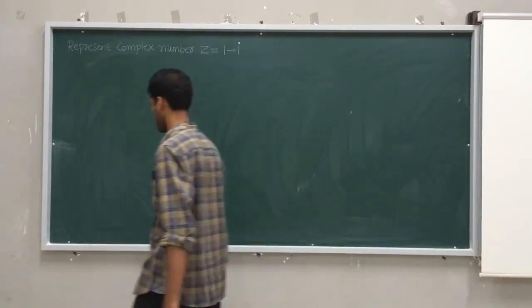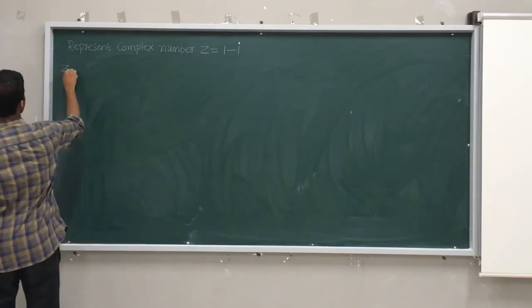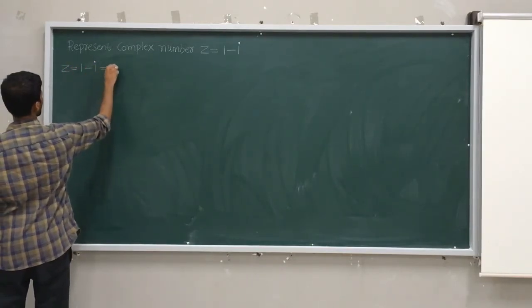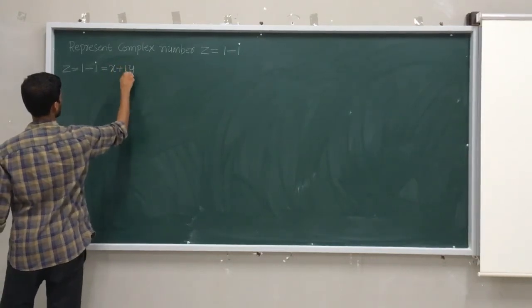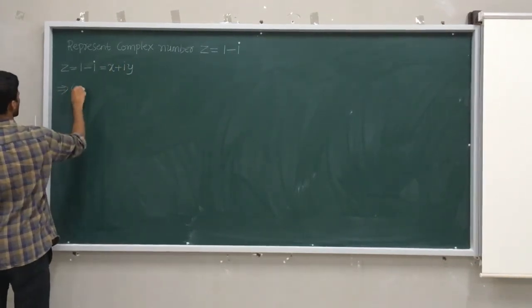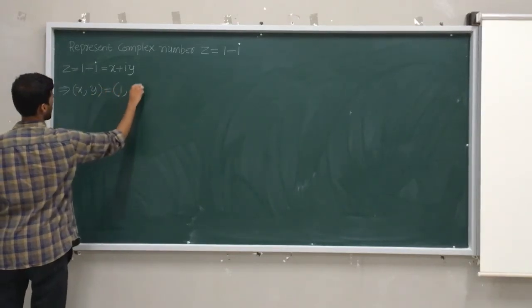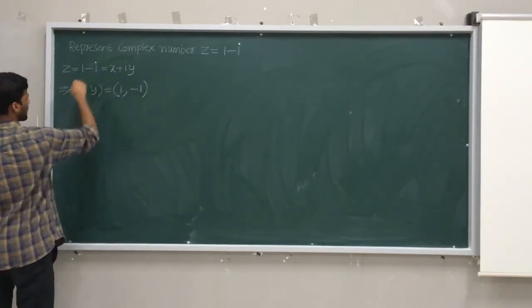So what are we doing initially? z is equal to 1 minus i, and I will compare it with x plus iy, which implies x comma y is nothing but 1 comma minus 1, because with i you have minus 1.